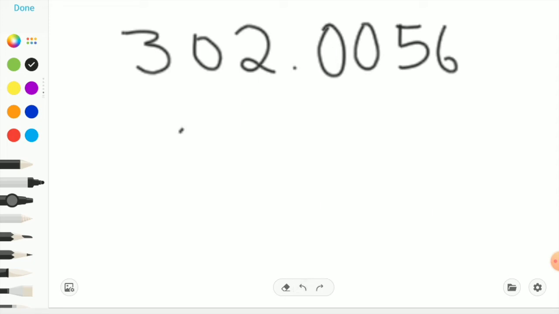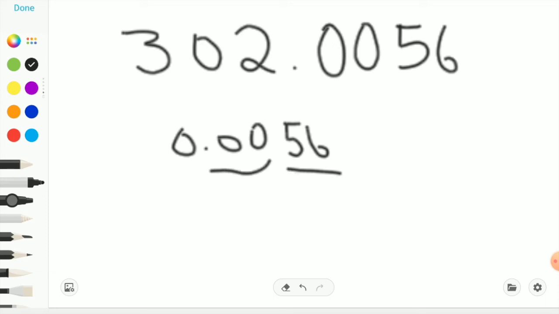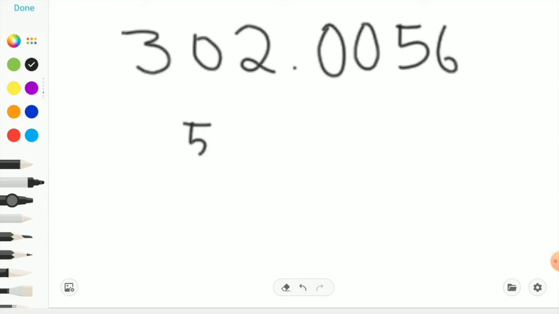If I have a number that's really, really small, like this, I already know that these are the only ones that count because the others are literally covered with zeros. And then if I have 5,600 with no decimal, only these two are significant because these are the trailing zeros. And then if you do have a decimal, that changes the rules.